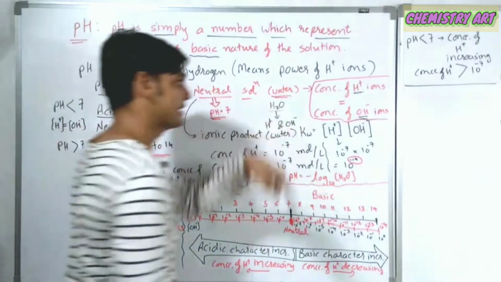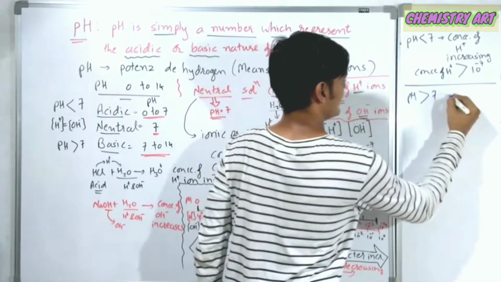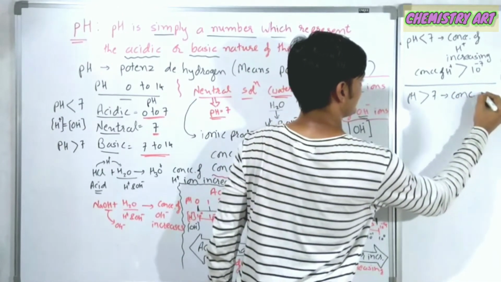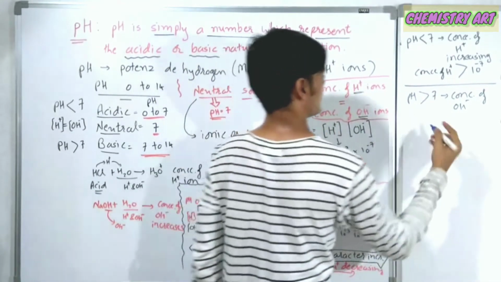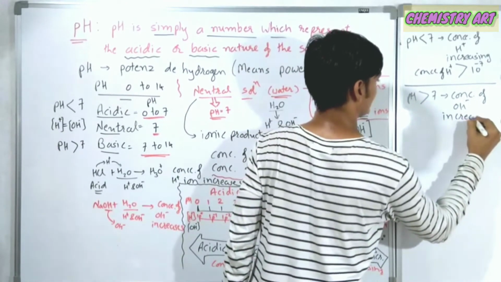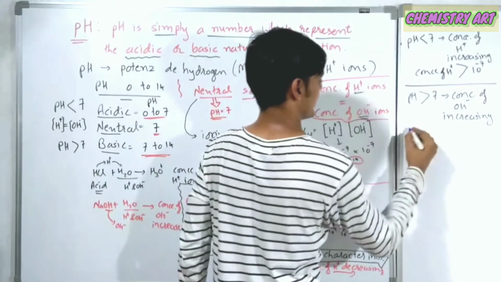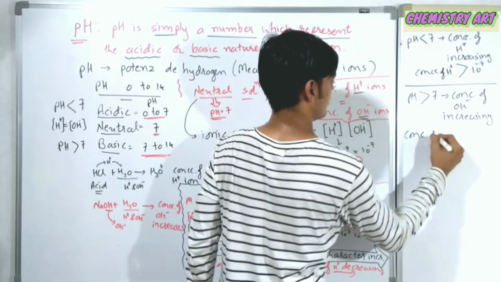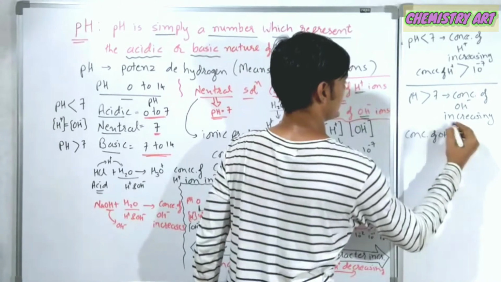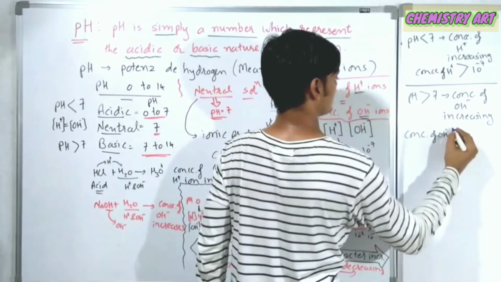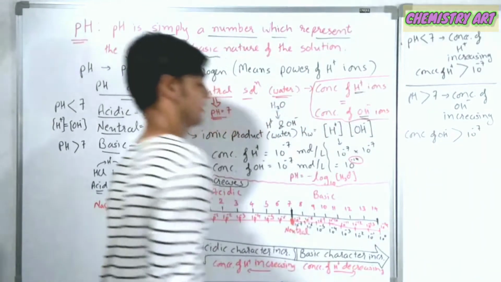Let me write here first: if pH is greater than 7, it means the concentration of OH minus is increasing, and that's why it is called basic. So the concentration of OH minus is greater than 10 to the power minus 7.